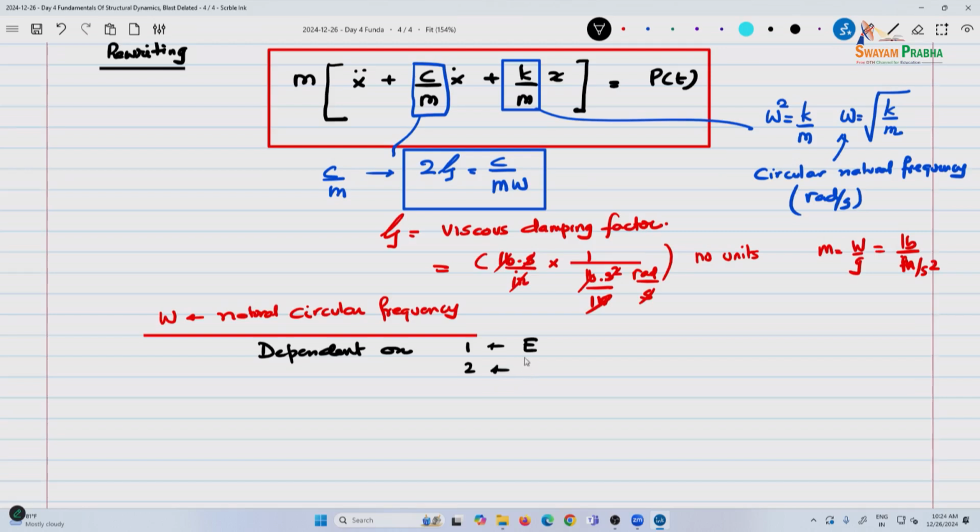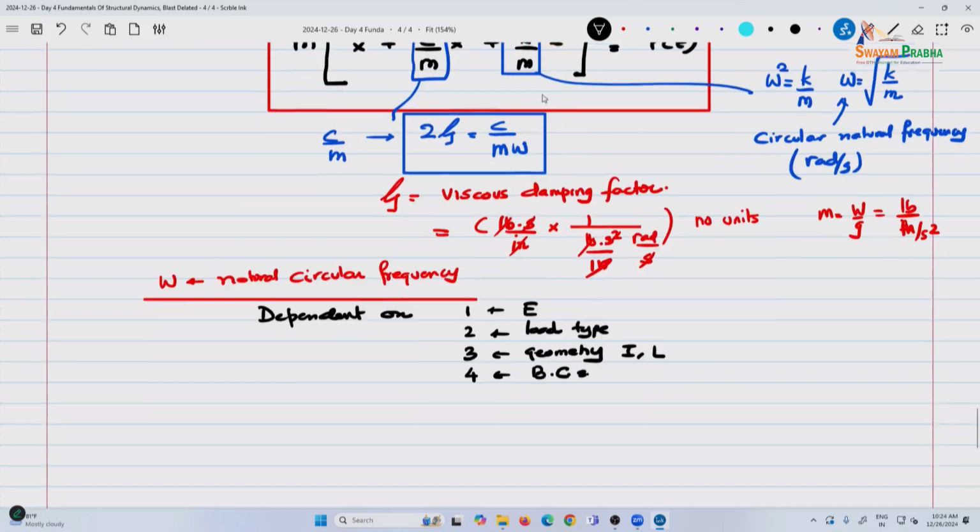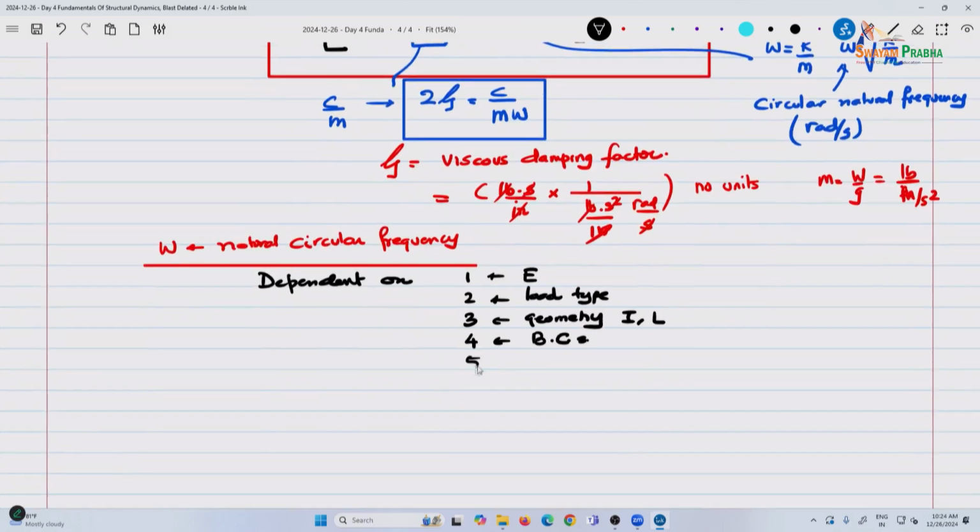What are all the different things stiffness includes? Load distribution, load type, let us say. It depends on geometry in terms of I and L, then boundary conditions. Anything else now?